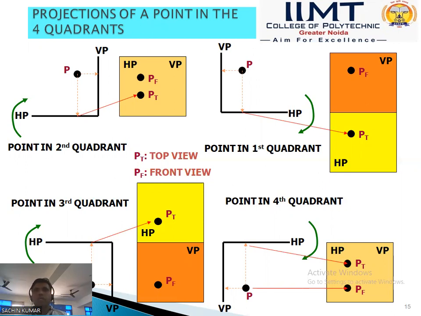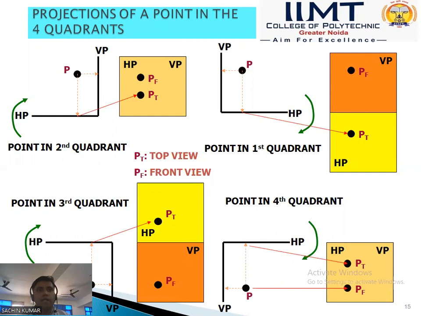So we can compare these four quadrants, how the front view and top view are drawn in the projection of a point. In the projection of a point, we can clearly see that in first angle and third angle projection, the front view and top view are either above the XY line or below the XY line. But in the second quadrant system and fourth quadrant system, the projections of the point are both above or both below the XY line.